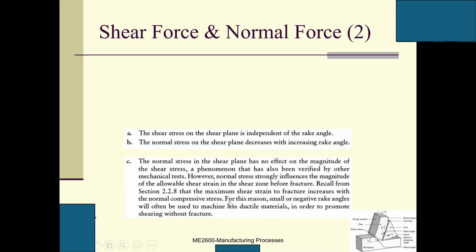So can you write down here? For the brittle material, we use negative rake angle. Why? Because for the brittle material, if we have the compressive stress, we can prevent our workpiece from fracturing, from cracking.